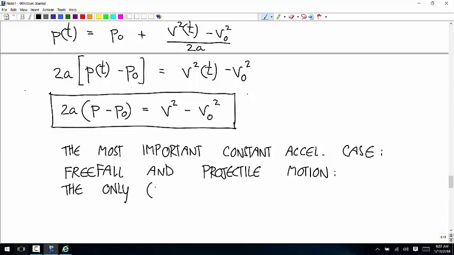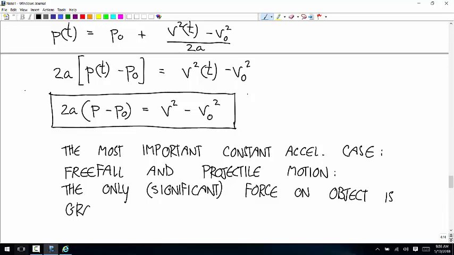Free fall and projectile motion are when the only significant force on an object is from gravity. Most of the problems we're going to be doing are free fall and projectile motion.